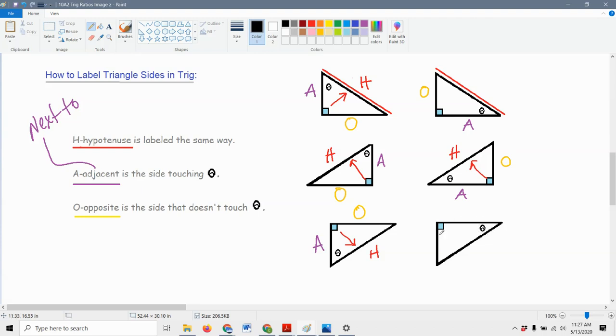Here's angle theta. Here's our 90-degree angle. That's where we want to start. Directly opposite is the hypotenuse. The side touching theta is the adjacent side. That's meaning next to. And of course, all the way across the triangle, the side opposite theta, we label with an O for opposite. All right, so that's how we label our triangle sides in trig.